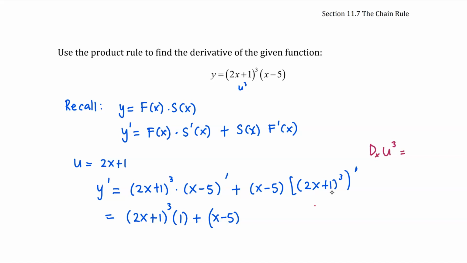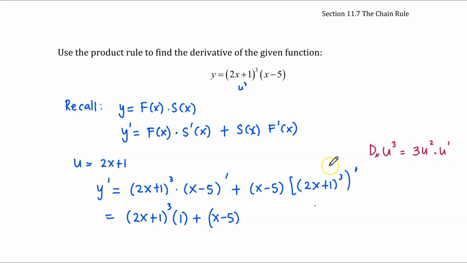And that is equal to 3u squared. So bring down 3 and subtract 1 from the exponent. So it's 3u squared times the derivative of u with respect to x.